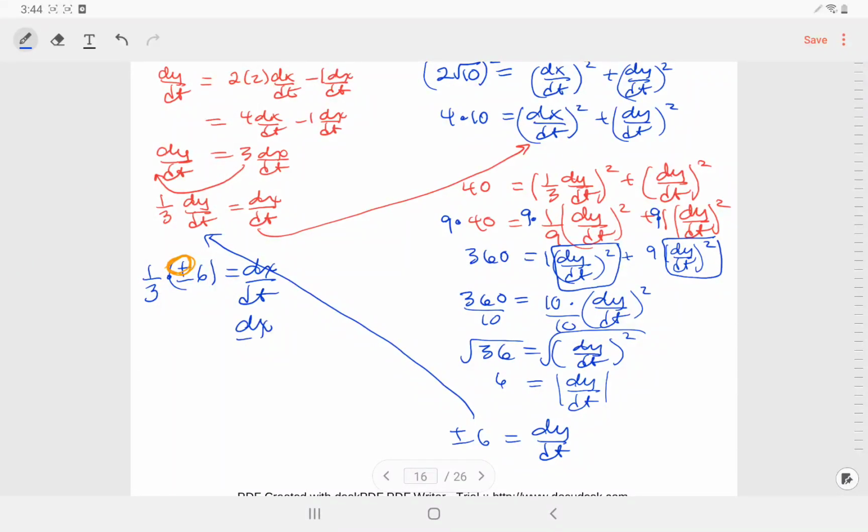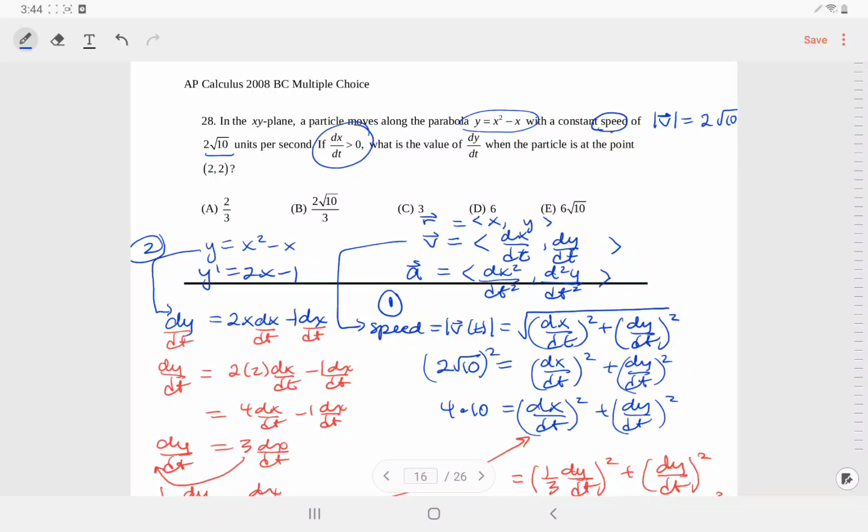Okay, so dx/dt is 1/3 times positive 6. So dy/dt is going to be positive 6. I have to choose the positive one. And let's see if that's an answer. Okay, I got D.